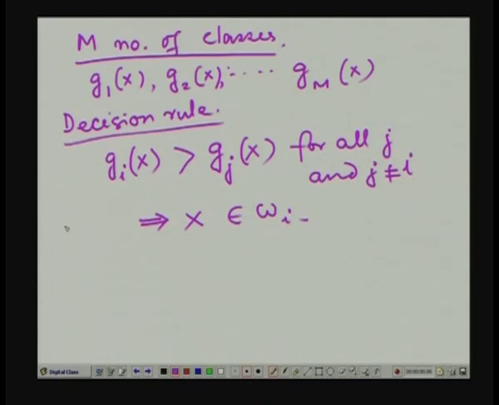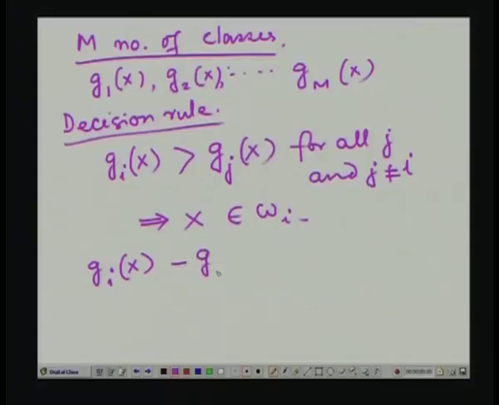And here you find that the decision boundary between these two classes omega i and omega j is given by g i x minus g j x equal to 0. Because obviously, for all the points lying on the decision boundary, which is the boundary between class omega i and omega j, I have to have the corresponding functional values the same, that is g i x should be same as g j x.